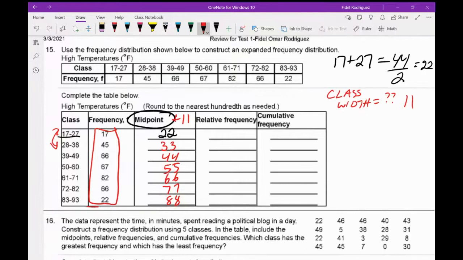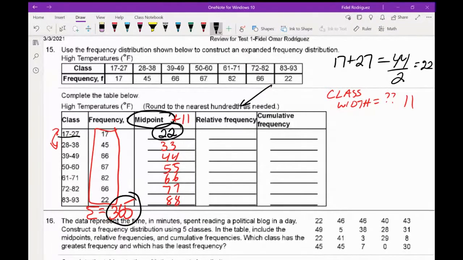Okay, so when I added all these numbers here, guys, I came up with 365. Okay, so now what my relative frequency is, it says take each of these numbers here and divide it by 365 and write it as a decimal.